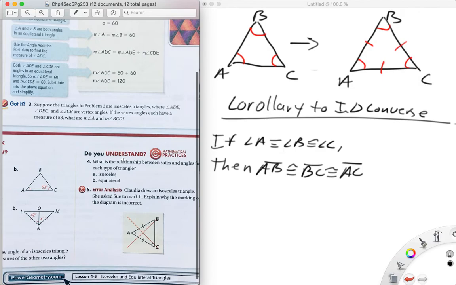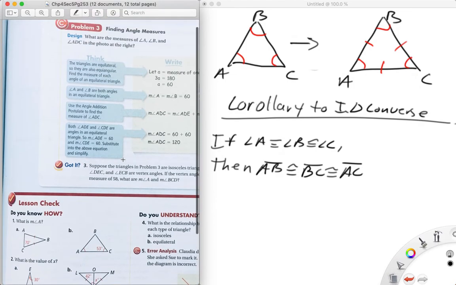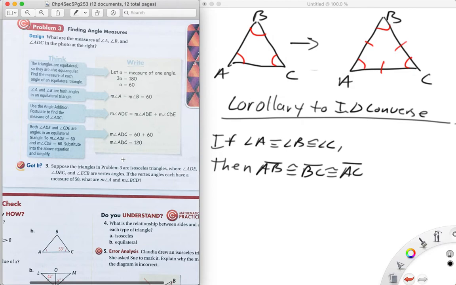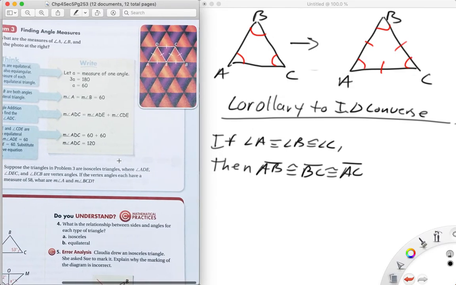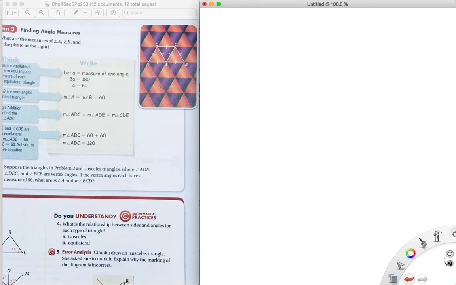So if we look down here, let's see. A, B, C. Things to note: if a triangle is equiangular or equilateral, right?